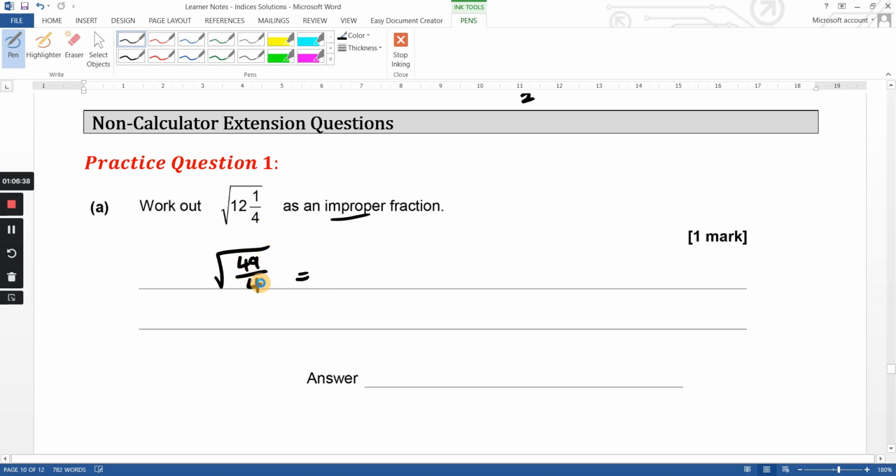Square root means power half, so that's the same as that. Or I could have just square rooted it. Square root of 49 is 7. Square root of 4 is 2, so I get 7 over 2 as my answer. Yep, that's that one.